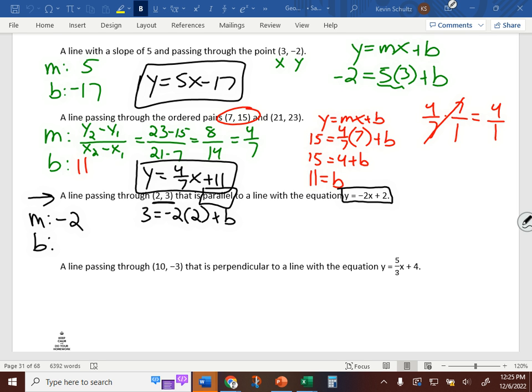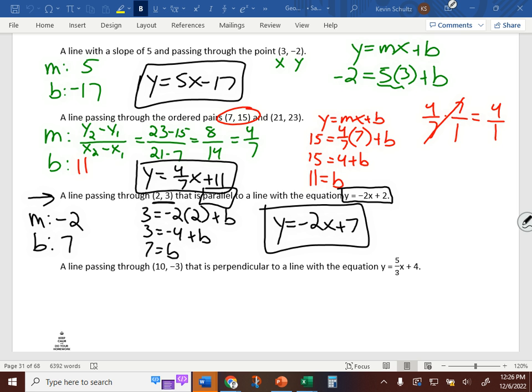Exactly. Yep, we use the ordered pair that we're given in the slope-intercept form, just like we did in the other two, where we plug in 3 for y, 2 for x, use our slope and then solve. Add 4 to both sides, we get a b value of 7. Our final equation: y equals negative 2x plus 7.